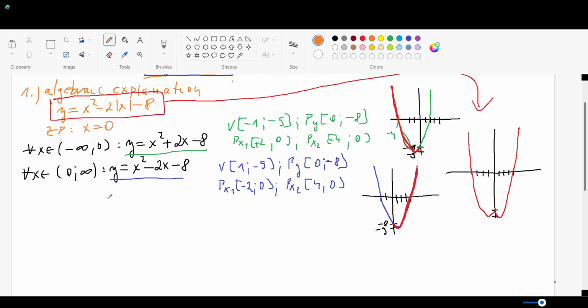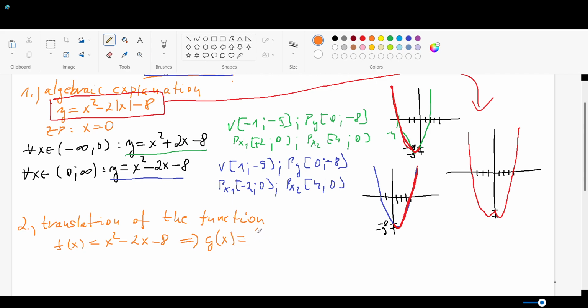But as you already know, the second approach you can take is the translation of the graph. So the second approach is the translation of the function, and our function here would be f of x, which is defined by the equation x squared minus 2x minus 8.